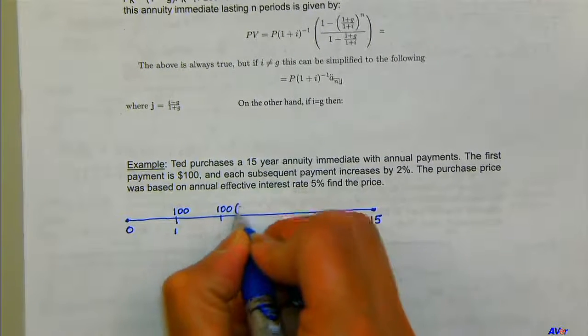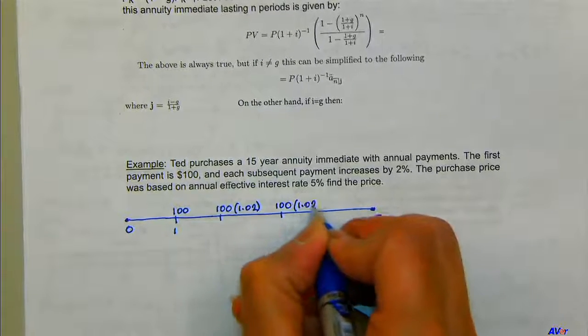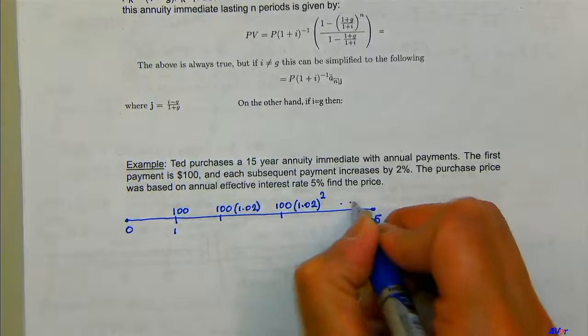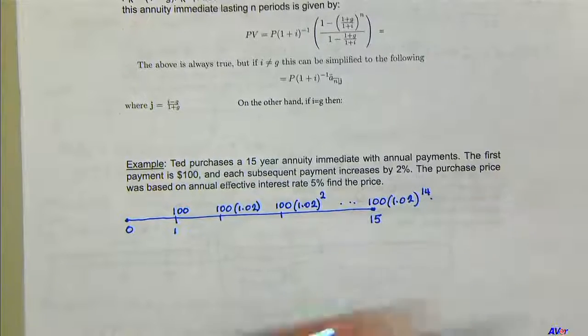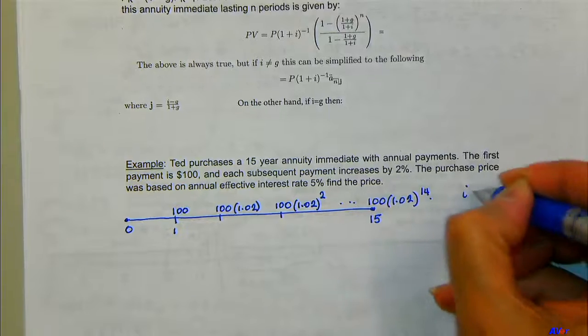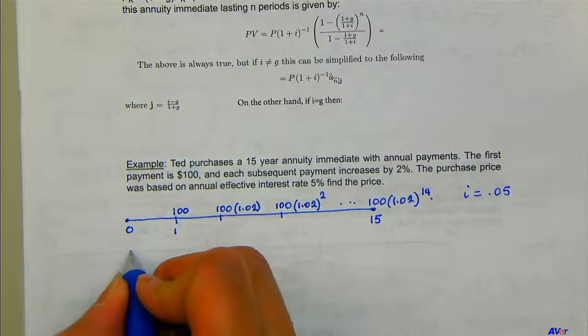So 100, 100(1.02), 100(1.02)^2, and this one would be 100(1.02)^14. The purchase price was based on annual effective interest rate 5%. i is equal to 0.05. Find the price. So, straightforward.